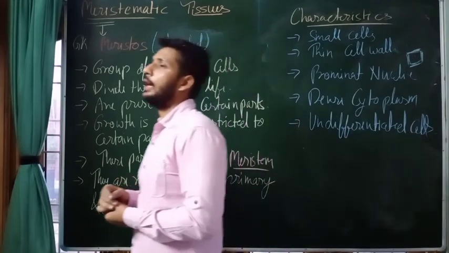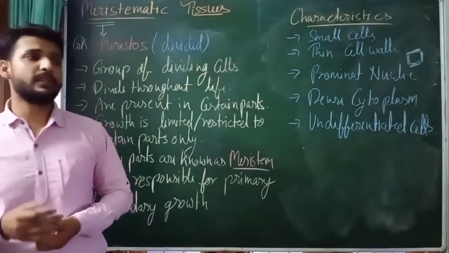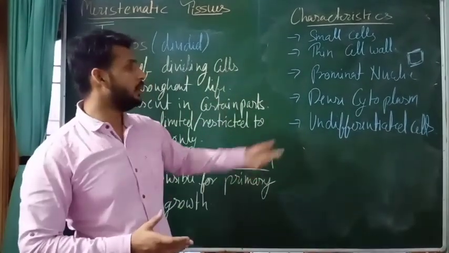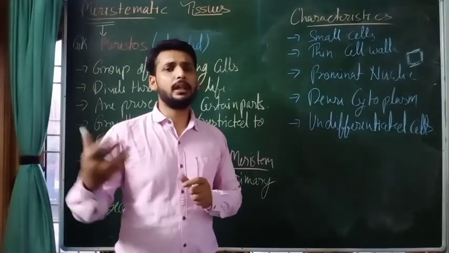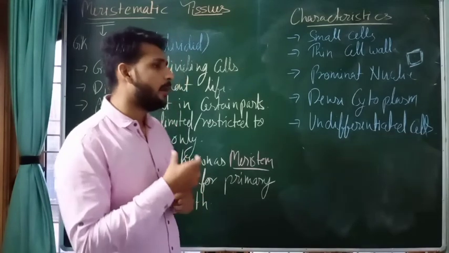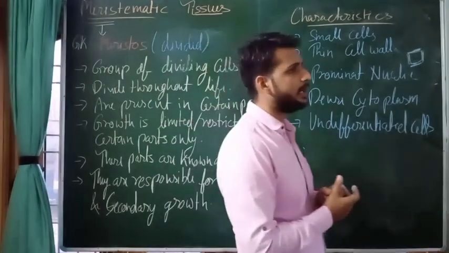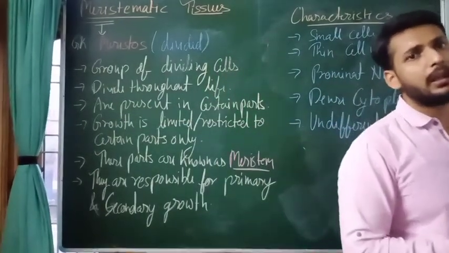So these cells are undifferentiated. They are not differentiated into different types. So these are the same or simple type which can be further divided and help in the primary and secondary growth of the plant and can divide throughout life.